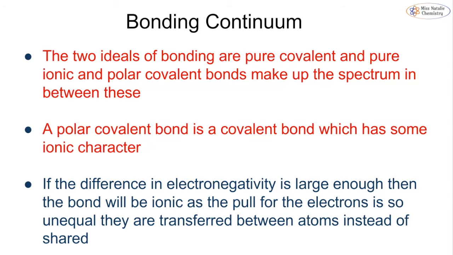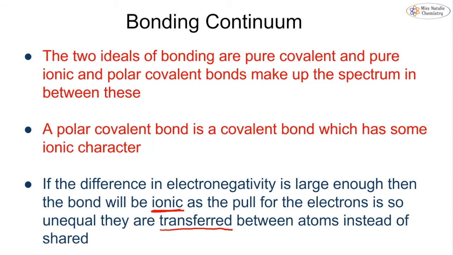So eventually what happens is we have a pure covalent bond where we have no difference in electronegativity. In a polar covalent bond, we start to get this pull of electrons towards one of the atoms in the bond, and eventually the difference in electronegativity is large enough that the electrons will actually transfer between the atoms instead of being shared, and we then transition to an ionic bond.